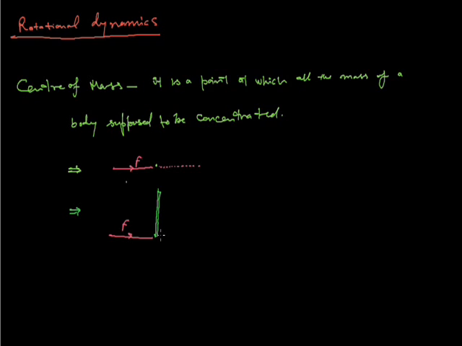The body moves in this direction and the motion will be curved. So to define the exact motion, if we want the body to move in the direction of force, we can suppose all the mass is concentrated at a single point, and that is called the center of mass.